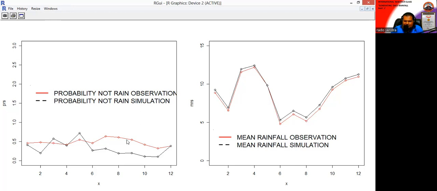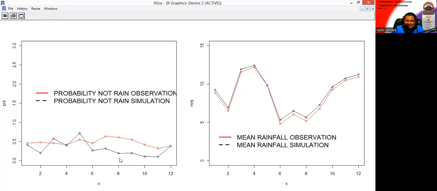So it means in the August rainfall, our simulation only produces a number of zero data smaller than the number of zero data in the real observation.